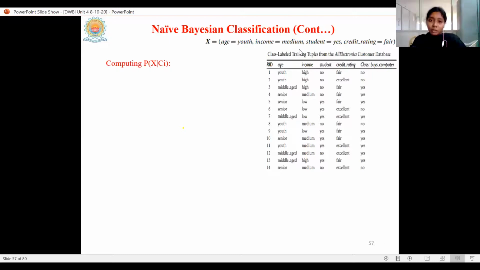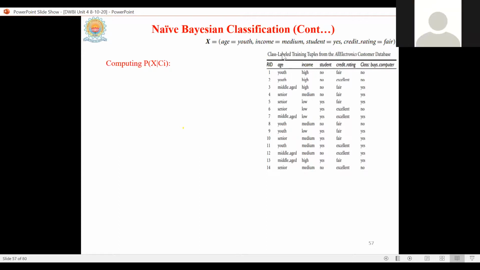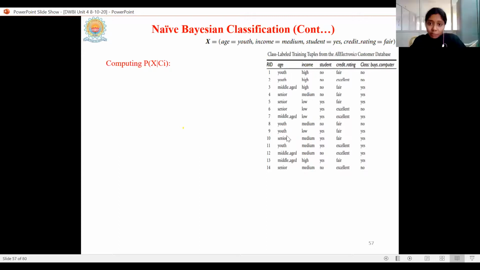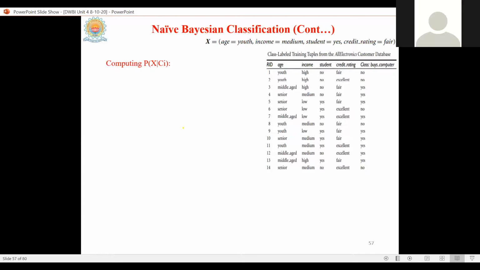So remember the values. How many youth values are there for the S tuple? Two. How many youth values are there for the no tuple? Three.